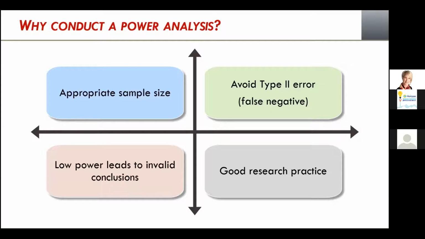The third reason is that studies with too low statistical power will often lead to invalid conclusions about the meaning of your results. There's a number of problems that can happen when your sample size is too small. For example, statistically significant results are more likely to be false positive results.